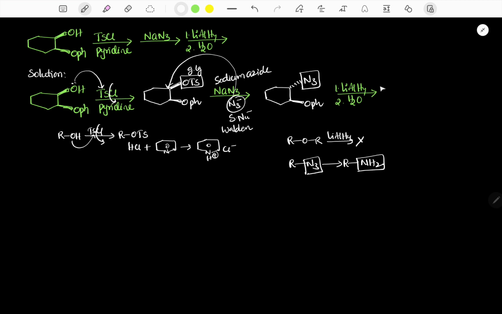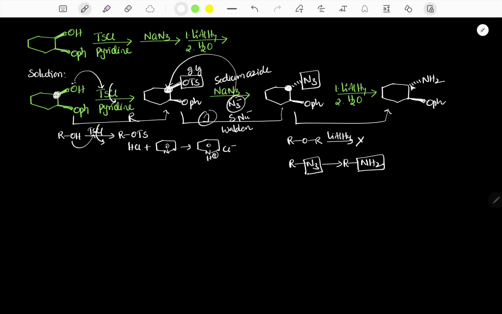Therefore this N3 group, the azide group, will be converted into an amine group. So this is our final product. The first reaction, retention at the chiral center. Second reaction, inversion. And third reaction, retention.